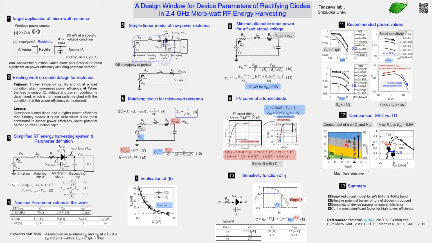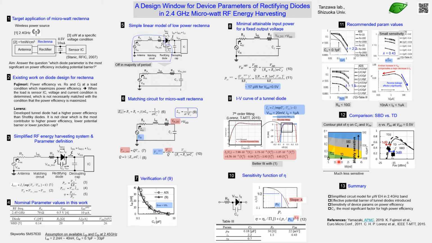You see, in this direction, there is no significant variation, whereas vertically, the eta varies a lot, meaning eta has a significant dependency on CJ. These points indicate Schottky barrier diodes, these values, and the tunnel diode is expressed by here. The tunnel diode was from the Lorentz group.